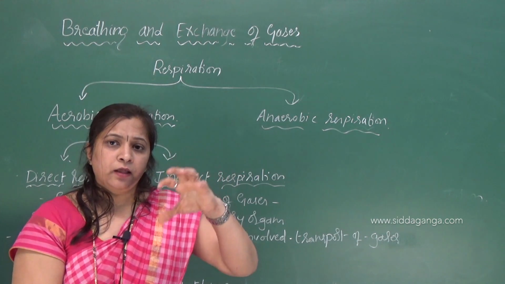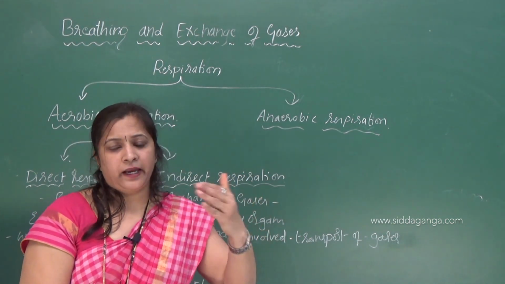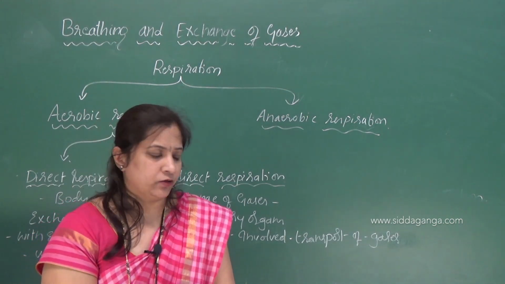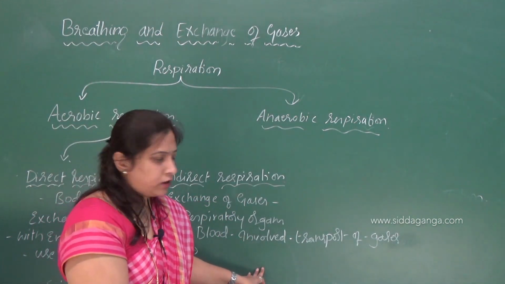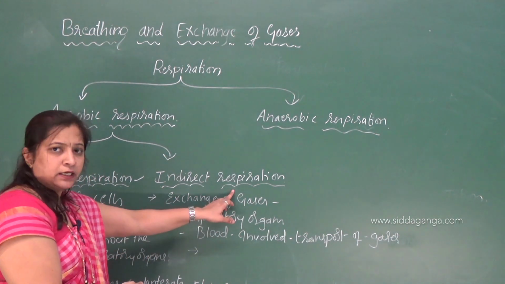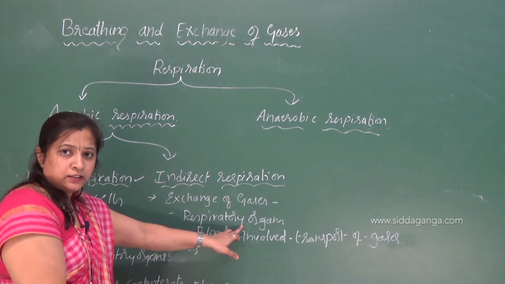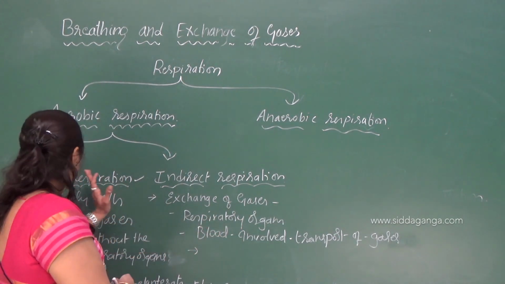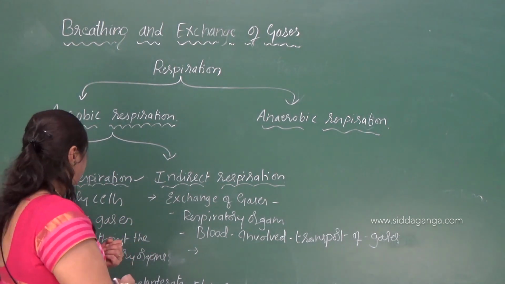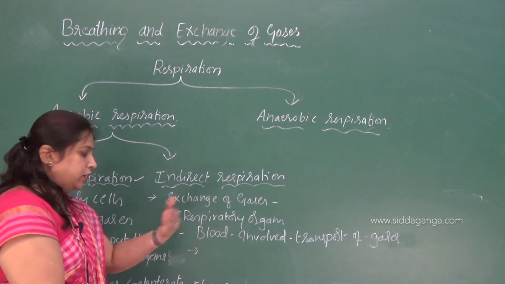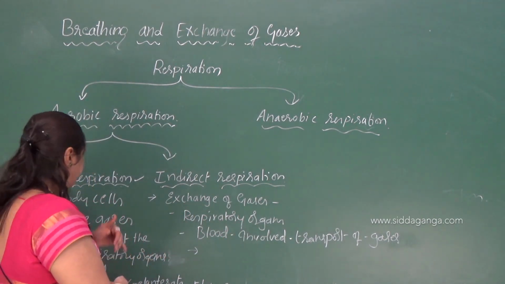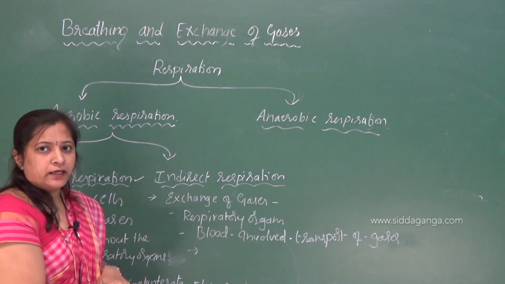Then the blood will transport the gases to the body cells. So here blood is involved, and there blood is not involved. Here the respiration is indirect as the respiratory surface is involved. Where the exchange of gases occurs directly between the body cells and the environment, it is called direct respiration.